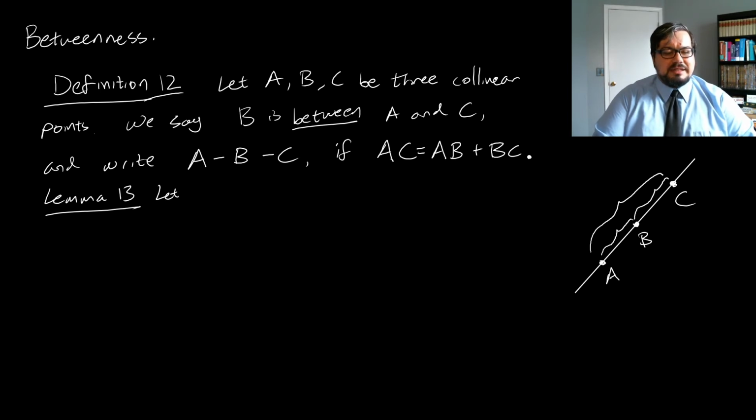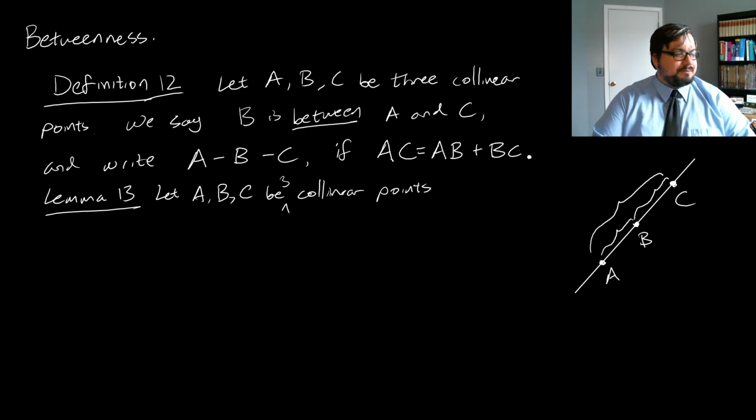So lemma 13 says, let A, B, and C be three collinear points. We want them all to be different. And then the following are equivalent, TFAE. And what that means is that of the four things I'm about to write down, if you know any one of them, that means that all the rest of them are true.